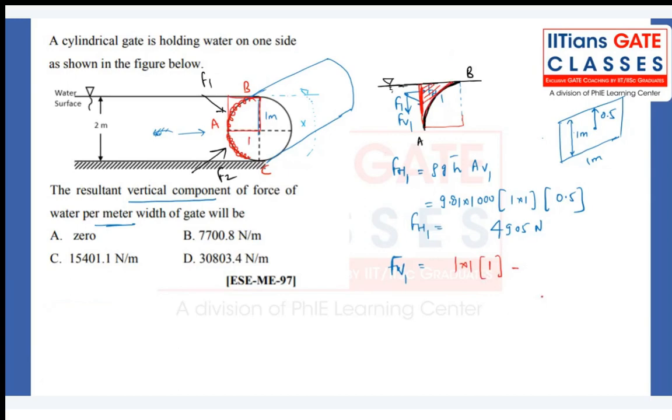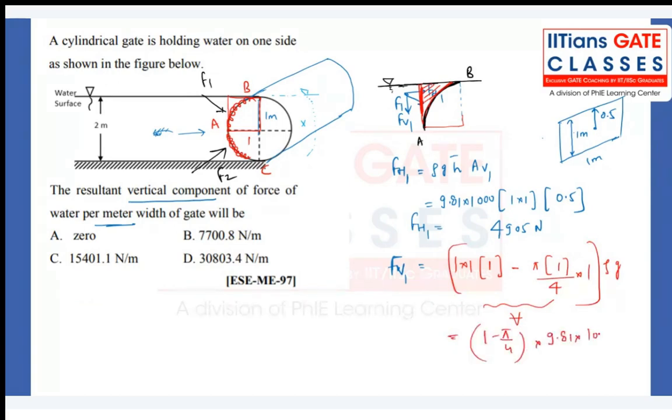So what we get is pi r square by 4 into 1. That is the volume above the curved surface up to the free surface, into rho g. So 1 minus pi by 4 into 9.81 into 1000. When you do that, you will get FV1. What is the direction? In the downward direction, as when you resolve it, one here, one here: FH1, FV1, about F1. What about the curved surface AC?